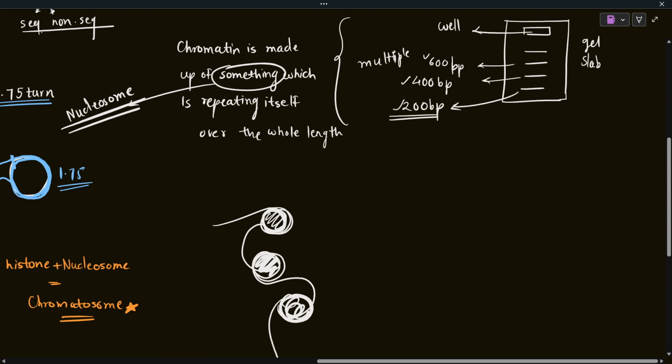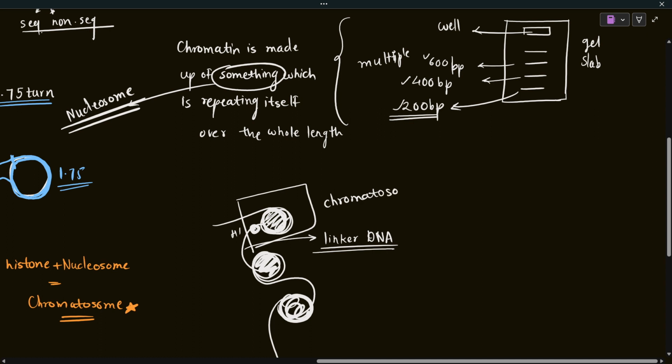When DNA wraps itself around the histone core, here comes the linker histone, H1. The DNA between the two nucleosomes is known as linker DNA. As the name suggests, it is linking the two adjacent nucleosomes. And this H1 plus nucleosome is known as chromatosome.